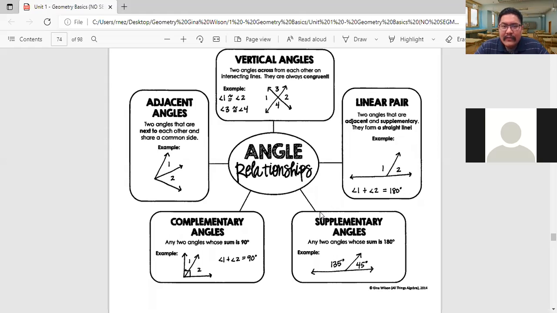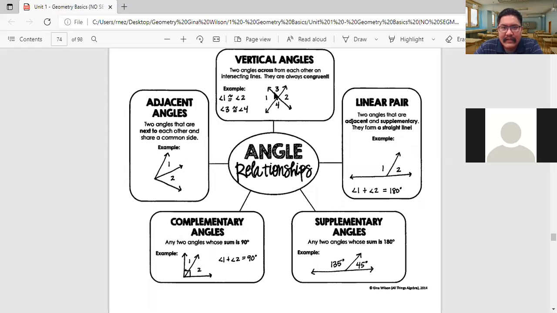All right, so this is just a quick recap of some of the things we've covered. Vertical angles, linear pairs, and a couple of other definitions. I'll just go over them really quickly. Vertical angles: two angles across from each other on intersecting lines are always congruent.